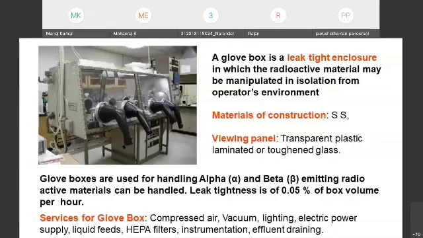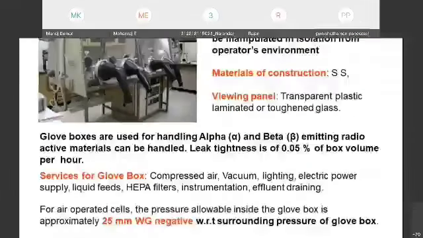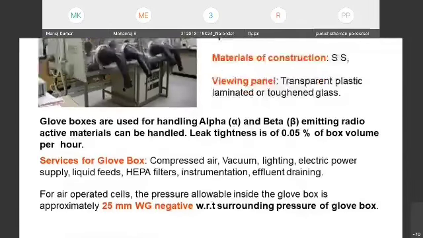In these glove boxes, the pressure inside will be negative. Here also there are positive boxes and negative boxes, and air sensitive materials or nuclear materials, which are powder type materials, will be handled in these glove boxes. These glove boxes also have various services, like compressed air lines, vacuum lines, lighting, HEPA supply filters and HEPA exhaust filters.